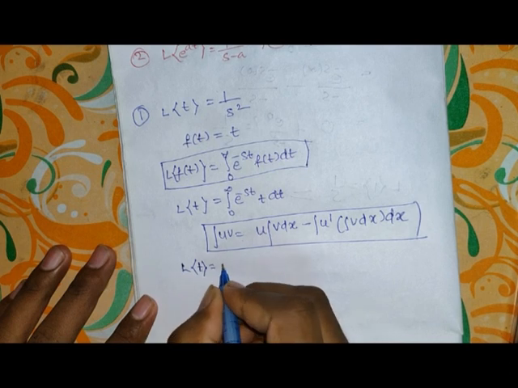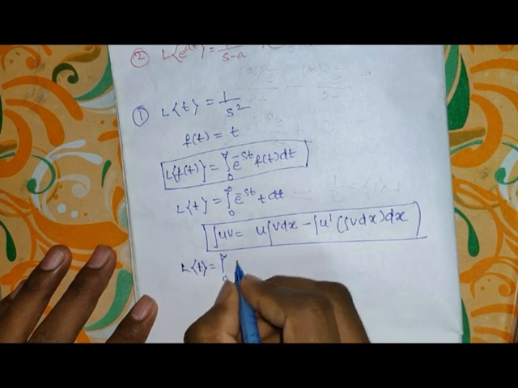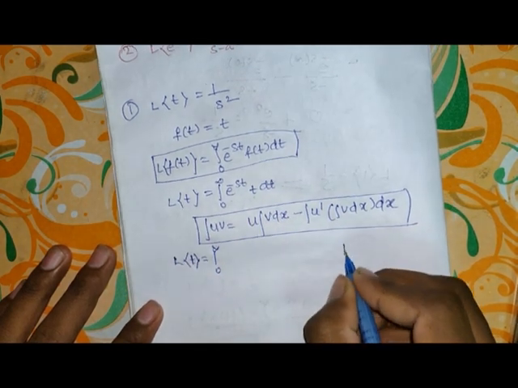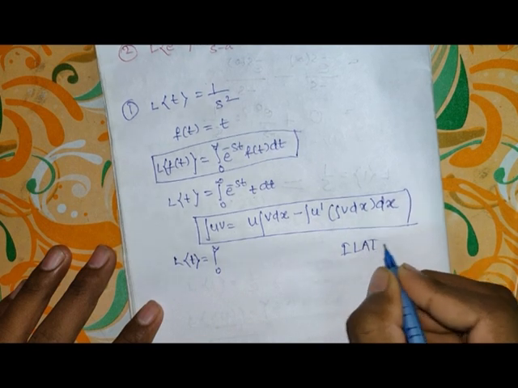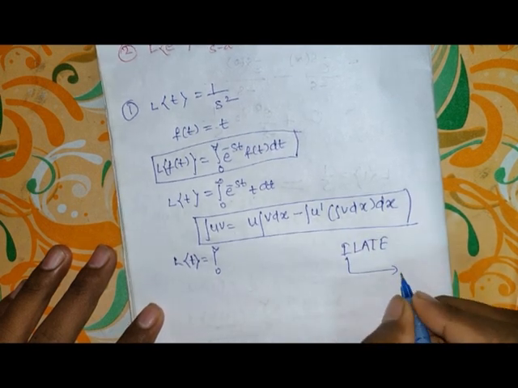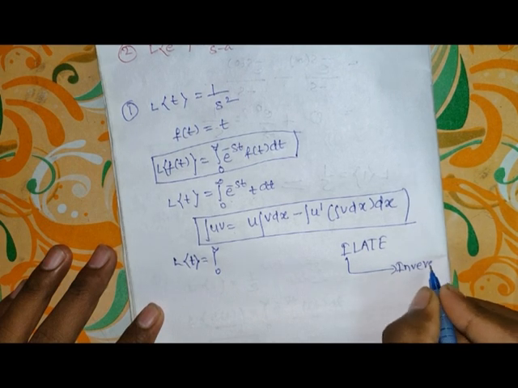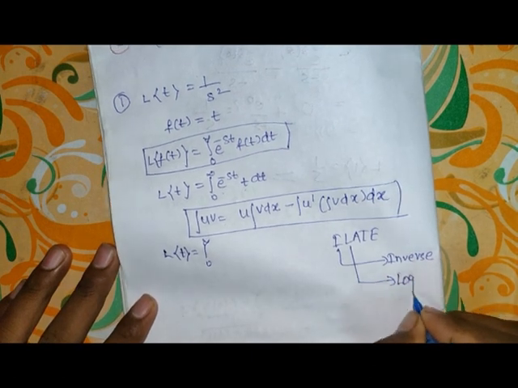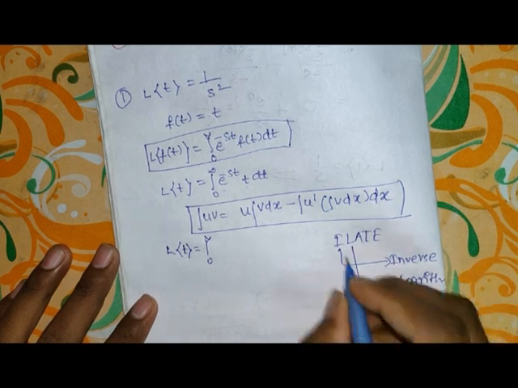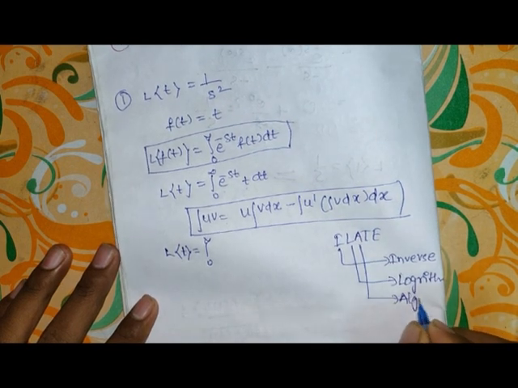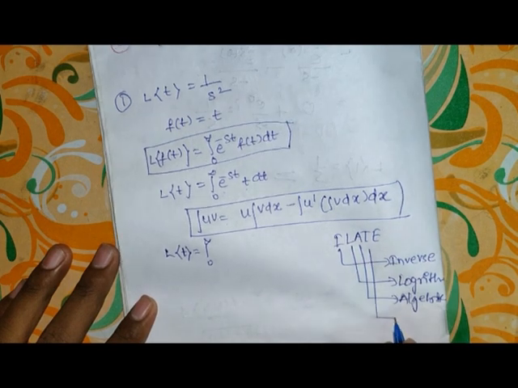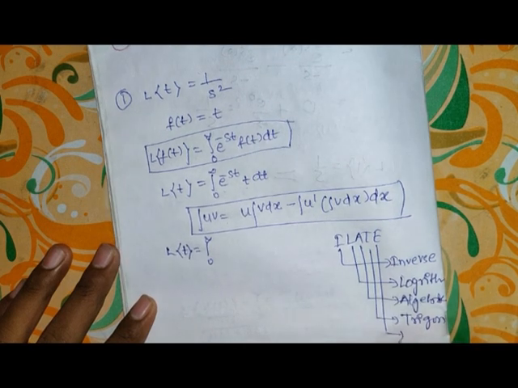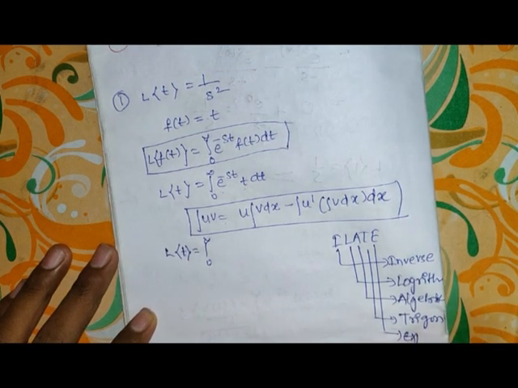Laplace of t, integration 0 to infinity. Which is u and which is v, we have to identify. We have one formula, ILATE. I means inverse, L means logarithm, A means algebraic, T means trigonometric, E means exponential.